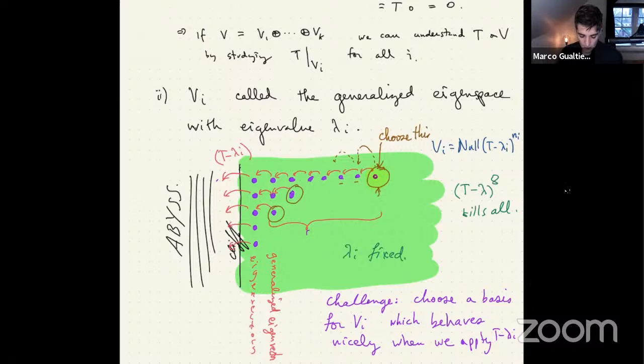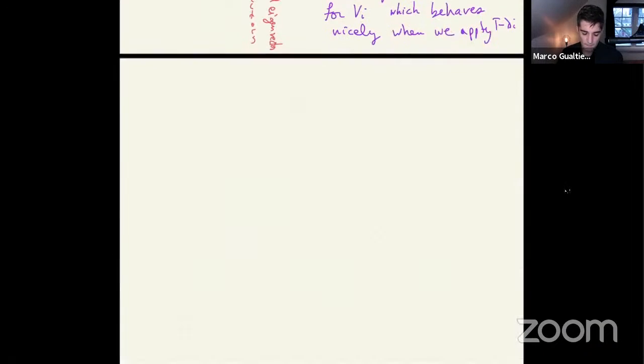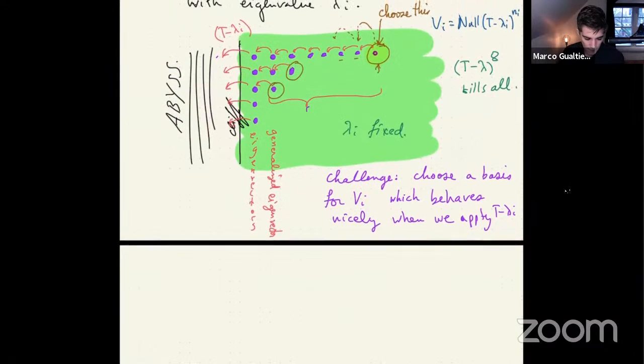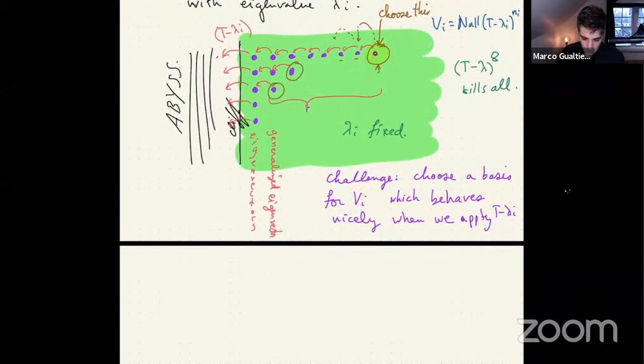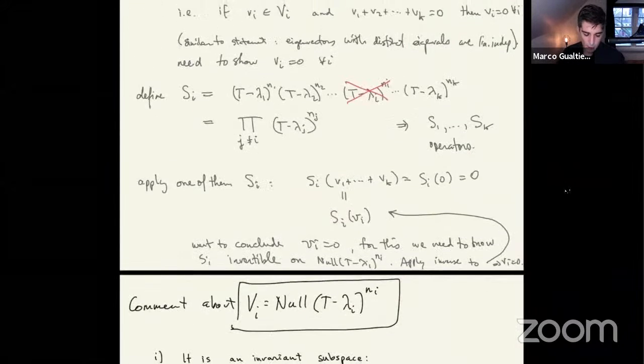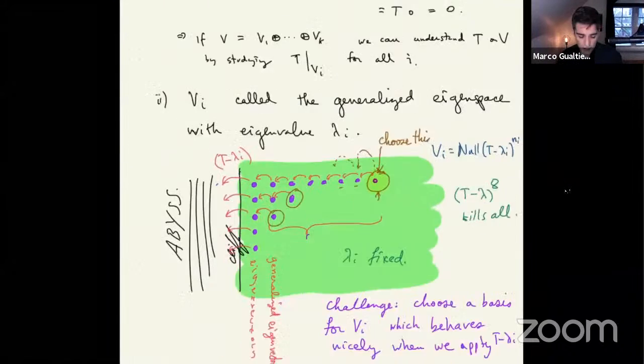Okay, so let me just explain how this choice is made. So I'm kind of skipping some steps. I'm skipping the proof of the decomposition theorem, but I just want to present the whole logic, and I'll worry about the proofs next week.